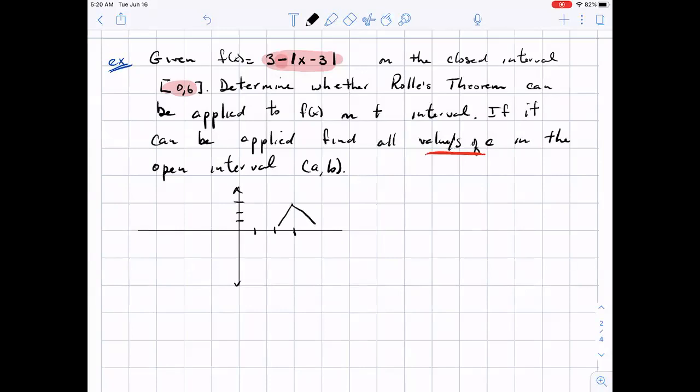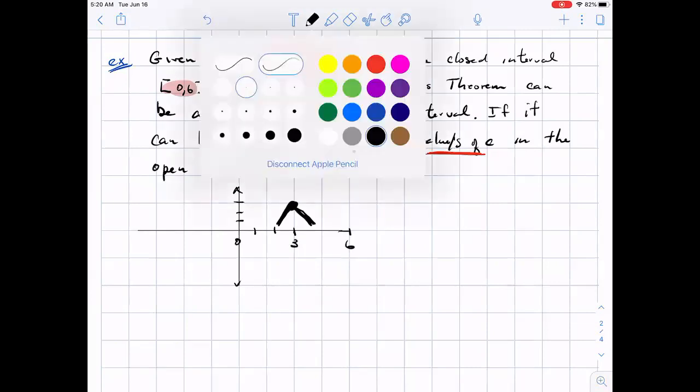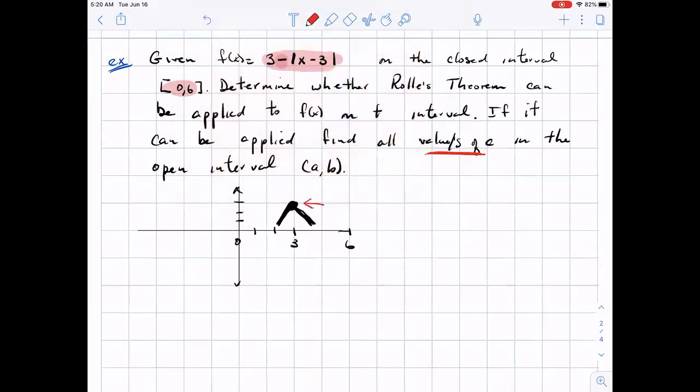So my graph is an upside down V. Now at this point, which is the point 3, and 3 is within the interval 0 to 6, this function is not differentiable at c equals 3.